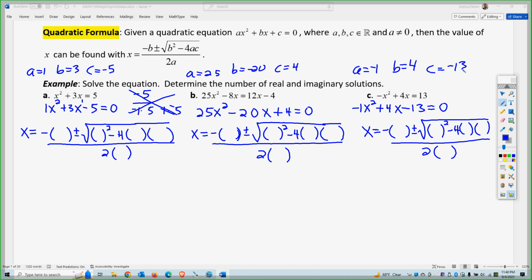So we're going to plug in B. So we get a 3, A is a 1, and C is negative 5. Next one, B is negative 20. Let's clean this up a little bit. Okay, A is 25, and C is 4. And in the last case, B is 4, A is negative 1, and C is negative 13.